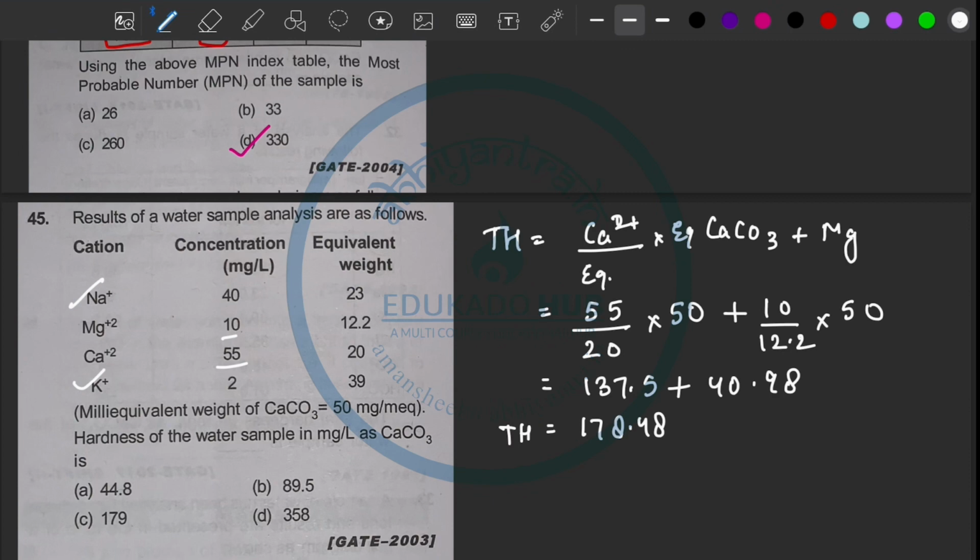So the total hardness comes to be approximately 179. So the correct option will be option number C.